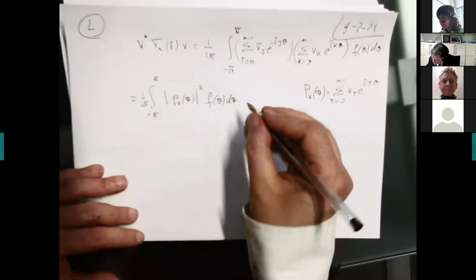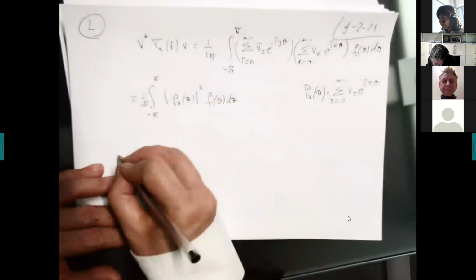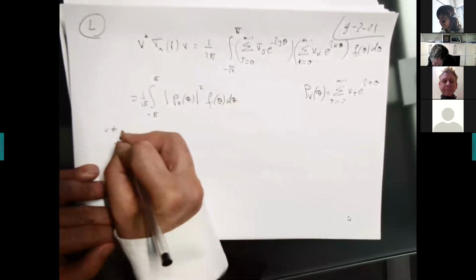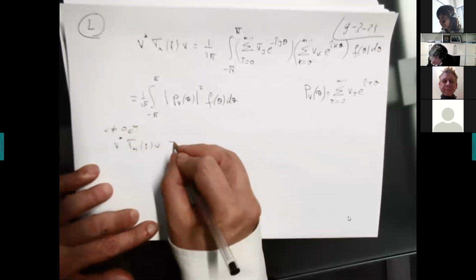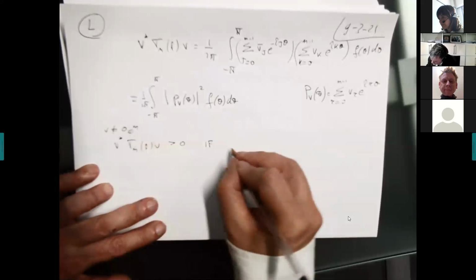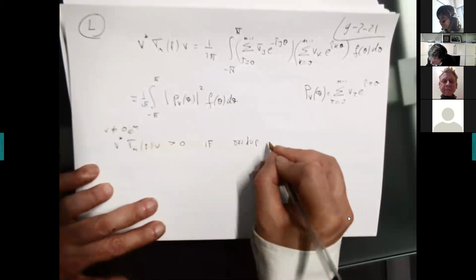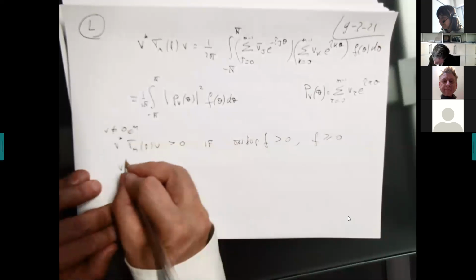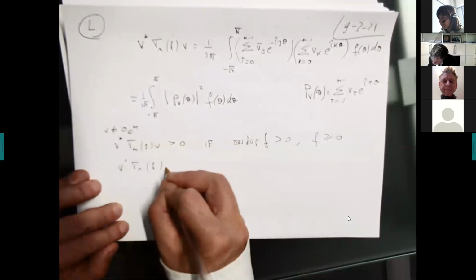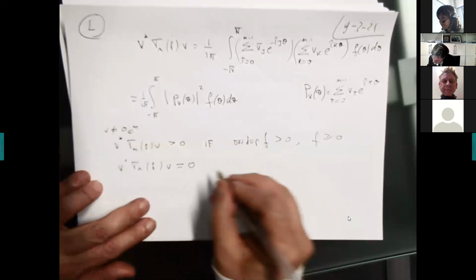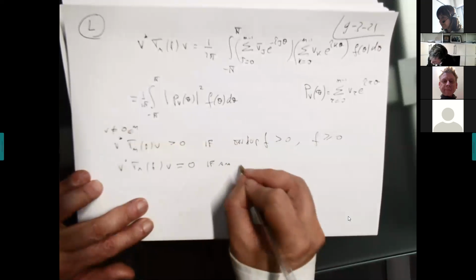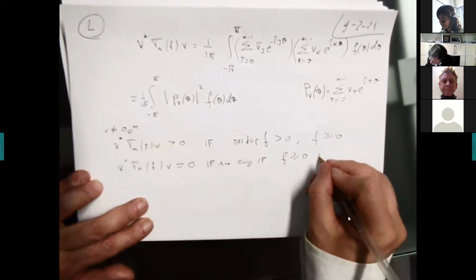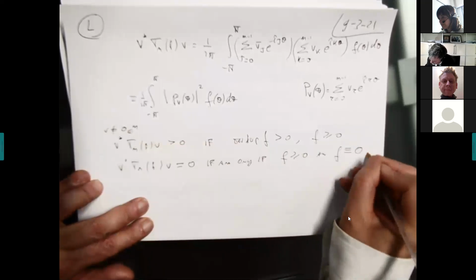So you see that this quantity, v star T_n(f) v, with v different from 0 in C^n, is strictly positive if the essential supremum of f is positive and f non-negative, and v star T_n(f) v is equal to 0 if and only if f is non-negative and f identically equal to 0.